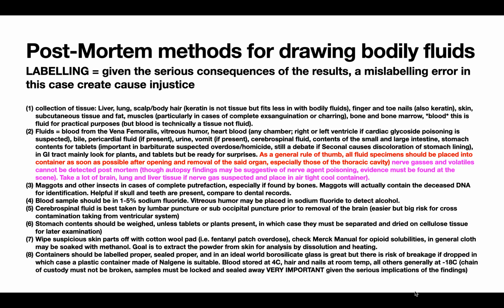Contents of the small and large intestine. Mostly you're looking for plants and pills, which should be placed on cellulose for drying for later inspection. Stomach, generally you look for tablets, plants, but surprise is the name of the game with stomach contents.